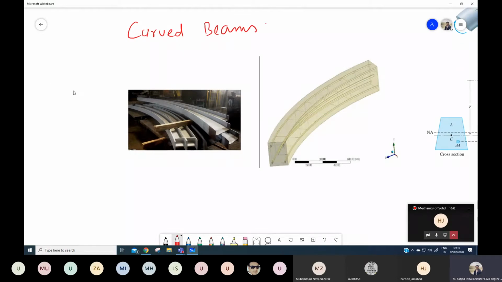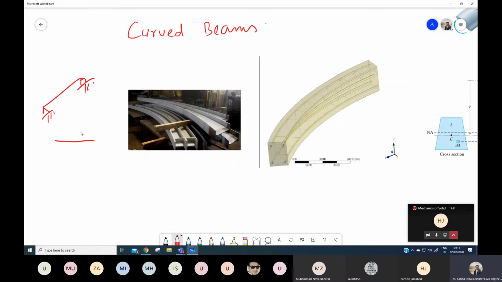Usually, in most cases, we see straight beams which are either simply supported or cantilever beams. But sometimes, in houses, office buildings, or multi-story buildings, it is not possible to provide straight beams due to space requirements or architectural requirements.